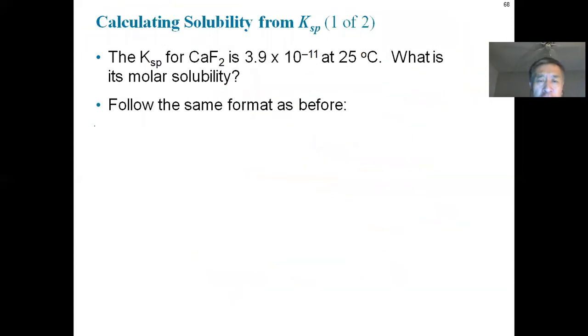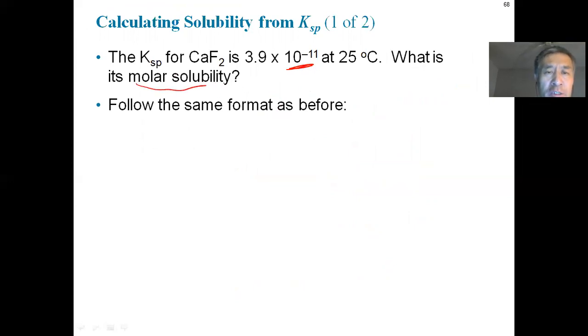Okay, for this question, we are going to really do a calculation because we are given the KSP. You can see KSP is a really small number, 10 to the negative 11. Then it asks us what is the molar solubility.